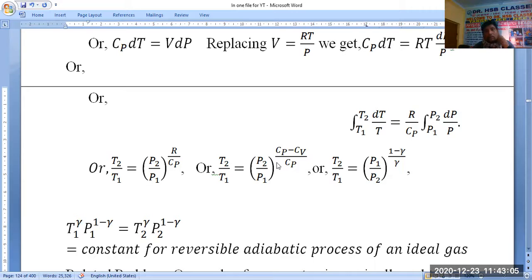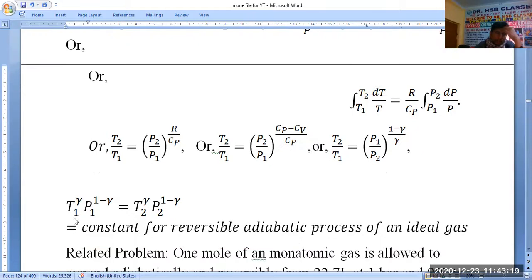If we alter this, then it will be negative, so it will be 1 minus gamma by gamma. Then raising to the power gamma and cross multiplying, T2 P2 to the power 1 minus gamma by gamma, and T1 P1 to the power 1 minus gamma by gamma.